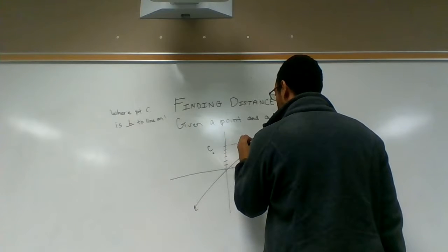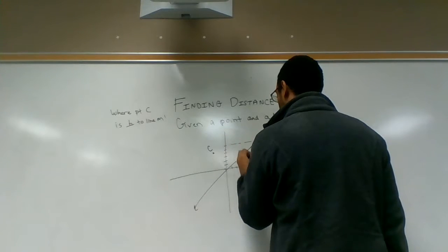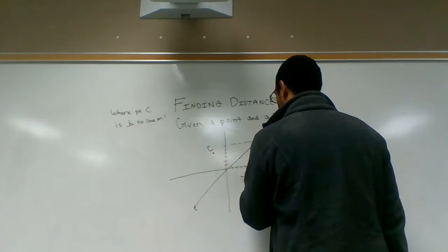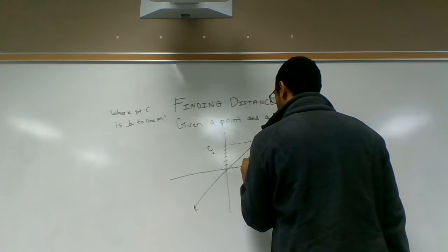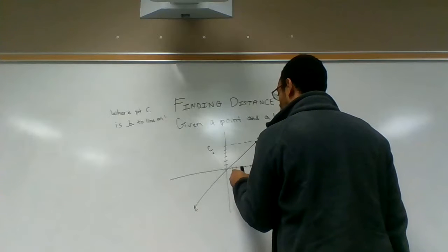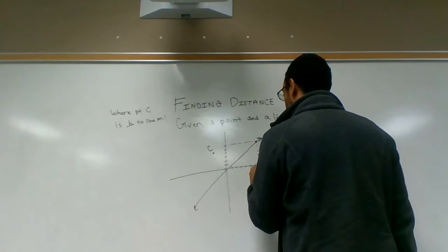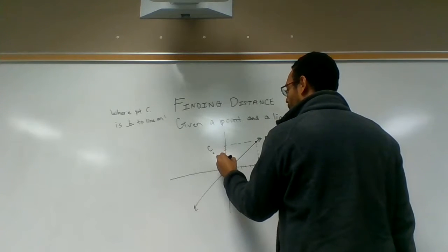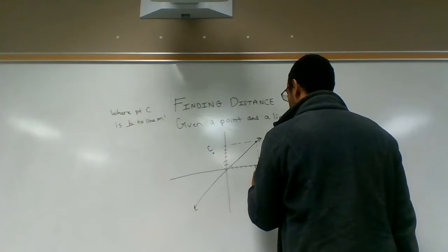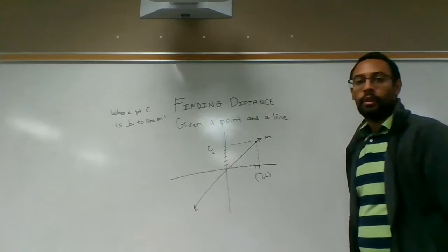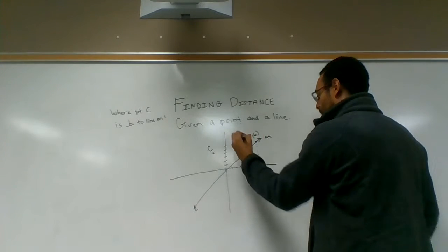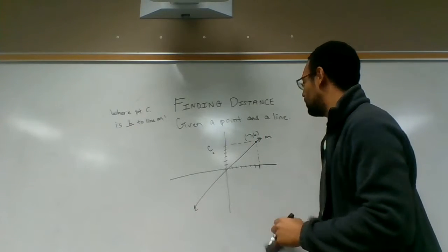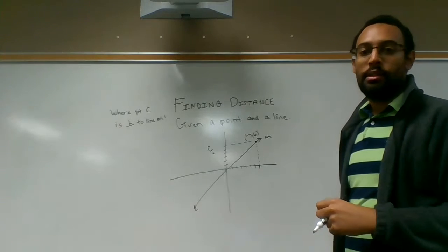So let's just say here's a point. Okay, so 1, 2, 3, 4, 5, 6. So 7. So 7, 6 is one point. So here's 7, 6. Okay, so there's one point.